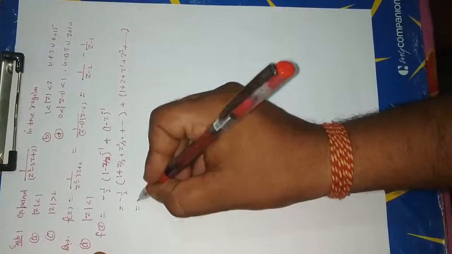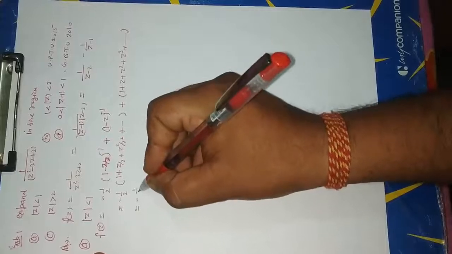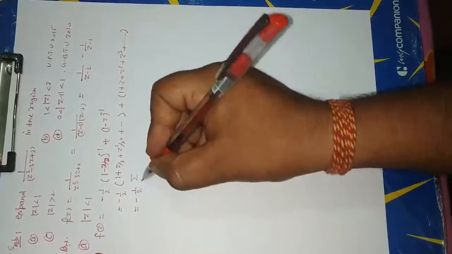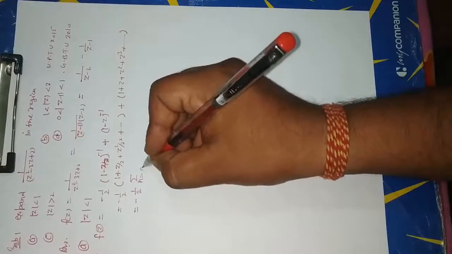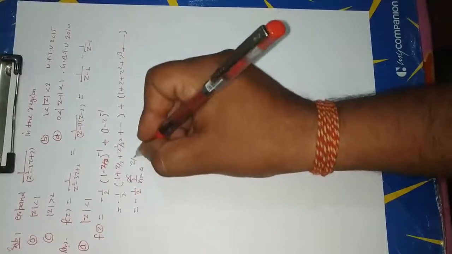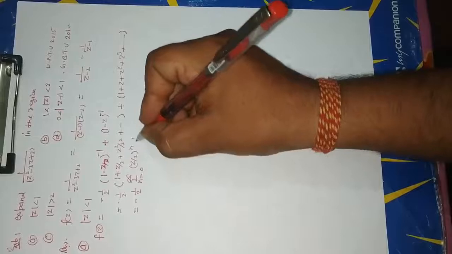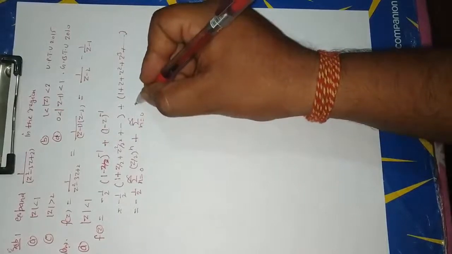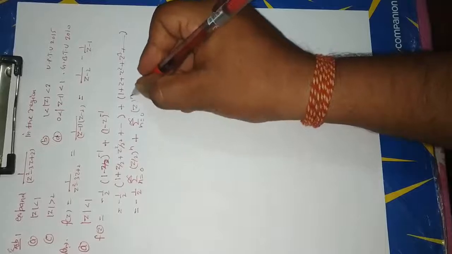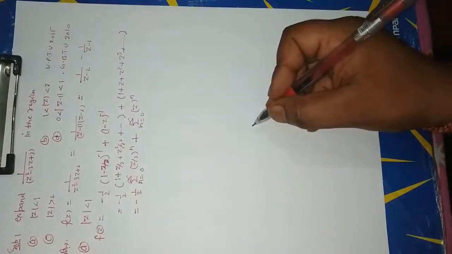Therefore, this is equal to minus 1 upon 2 summation n equals 0 to infinity (z by 2) whole power n, plus summation n equals 0 to infinity z whole power n. Okay.